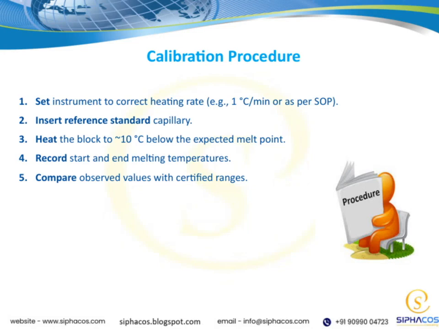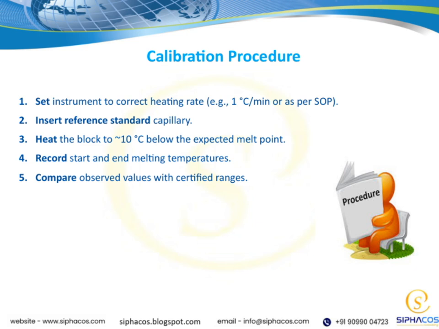Now, let's walk through the calibration procedure. First, you want to set your instrument to the correct heating rate, which is usually around 1 degree Celsius per minute, but always check your SOP to confirm. This ensures consistency and accuracy in your measurements. Next, insert the reference standard capillary into the instrument. This standard helps verify that everything is functioning properly. Then, you'll heat the block to approximately 10 degrees Celsius below the expected melt point of your standard.